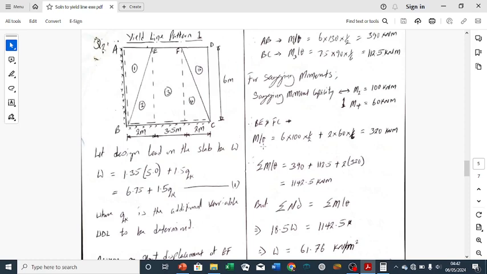So we say sagging moment is what? M L theta. And remember, when we have a diagonal sagging yield line, we always calculate the vertical and the horizontal components. So this is what we are going to do. First of all, we calculate the vertical component, which is here. For this vertical component, you can notice the length is 6 meters.